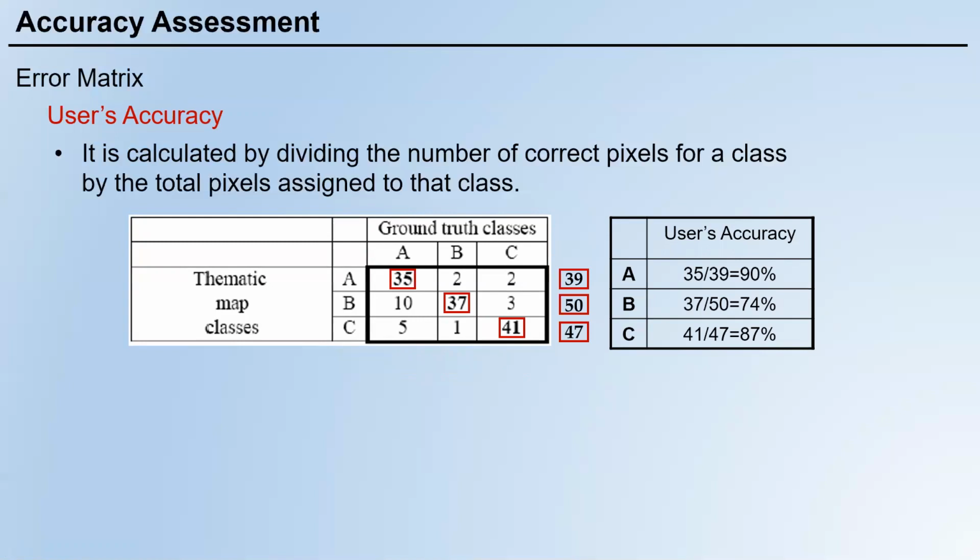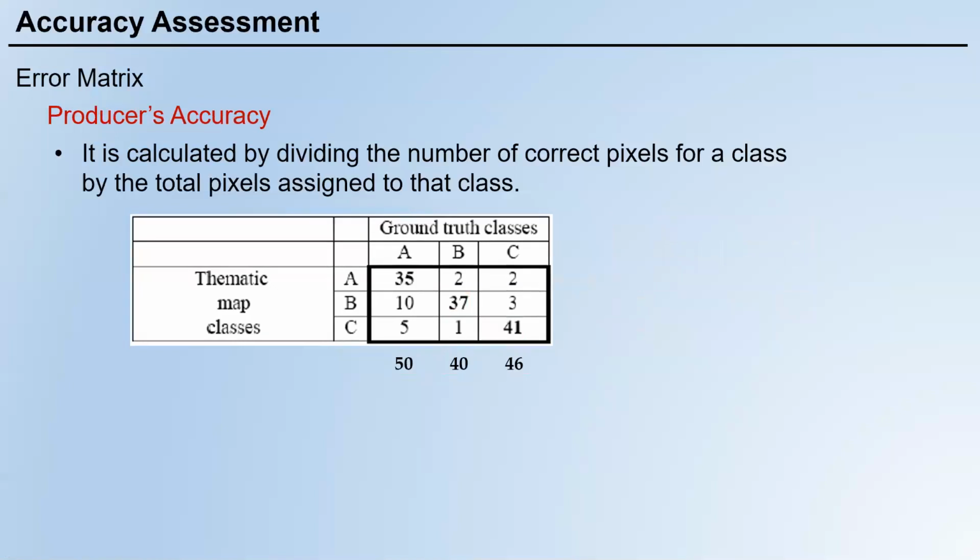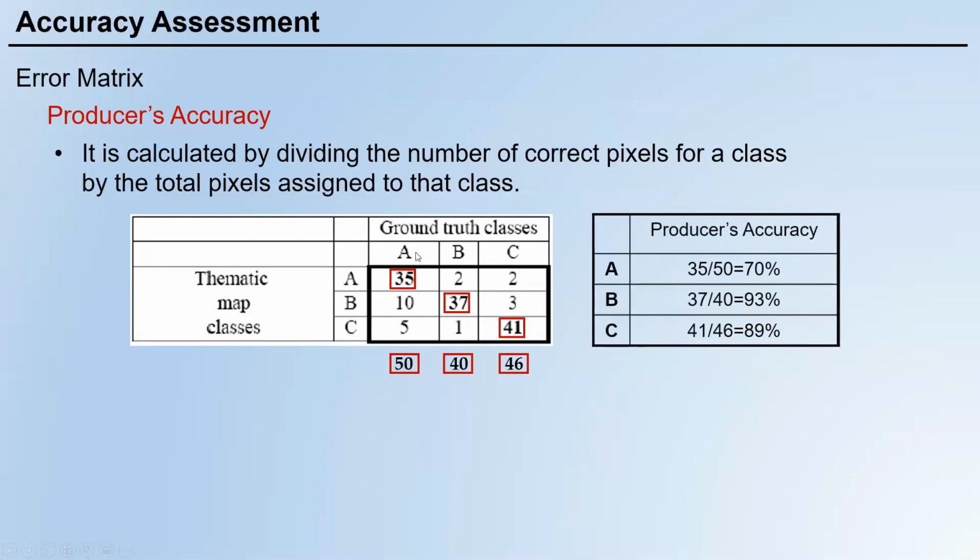I'm a user. On the other hand, producer's accuracy is column-based. What a producer cares about is how many pixels have been identified for each ground truth class.